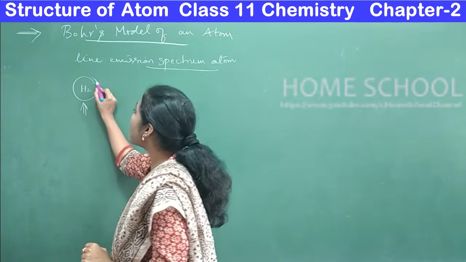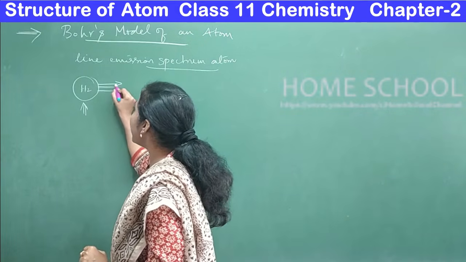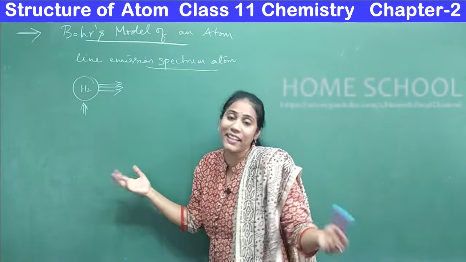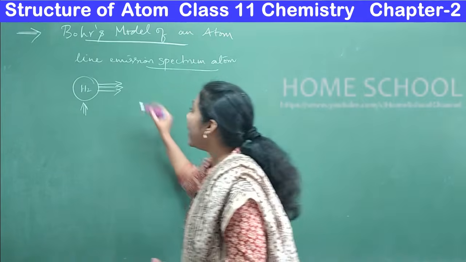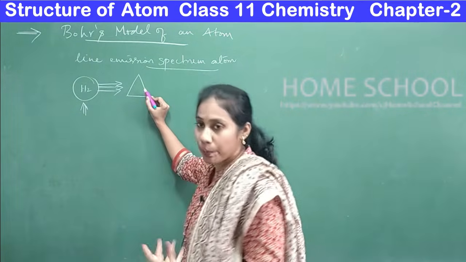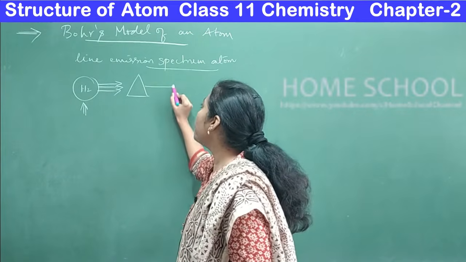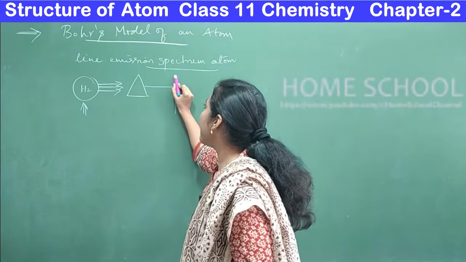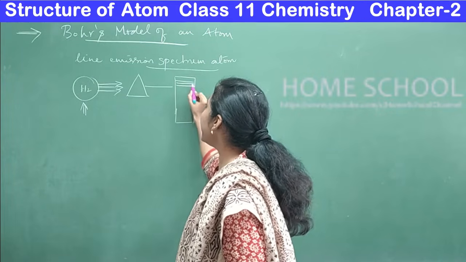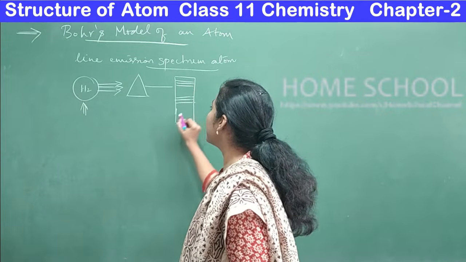What he observed was emission of radiation from hydrogen gas. Radiation in the sense it's any electromagnetic radiation. And when he passed this electromagnetic radiation through a prism, you will observe a beautiful spectrum of hydrogen, where a series of lines have formed.